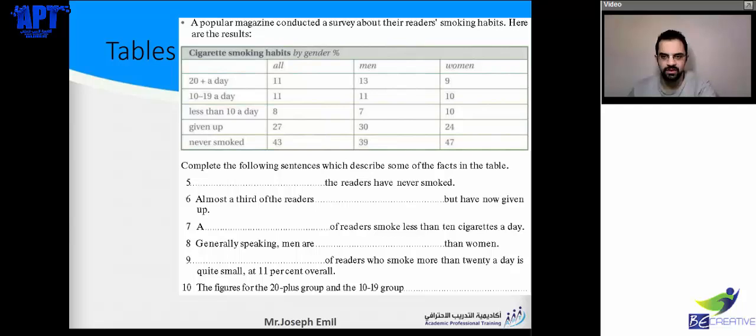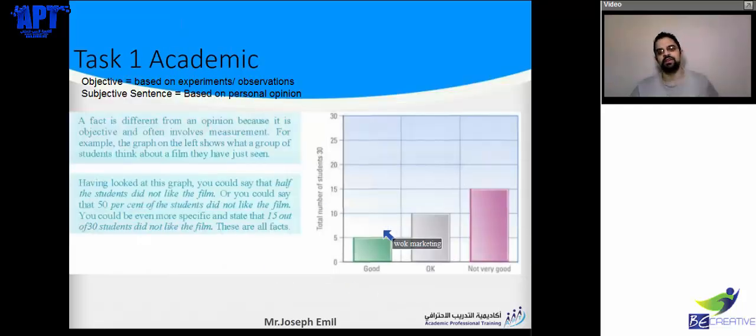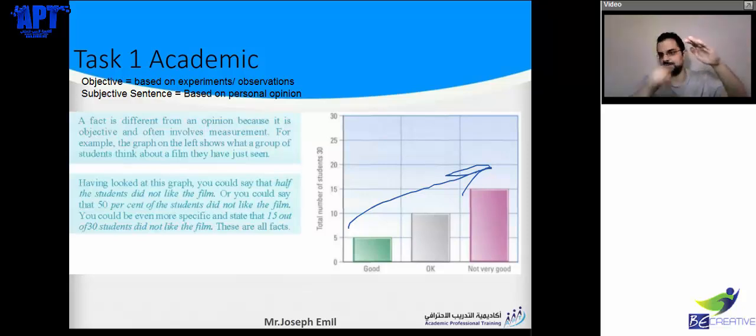So let's just quickly get back to the bar graph. When you take a look at the bar graph, we will be talking about these trends later, but for now, take a look at this. You can see that you can draw a line on the bars.